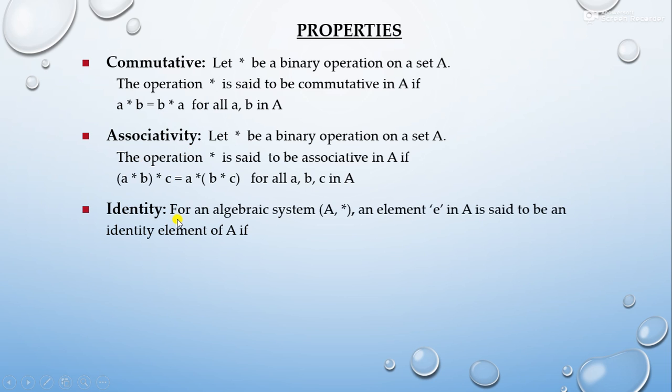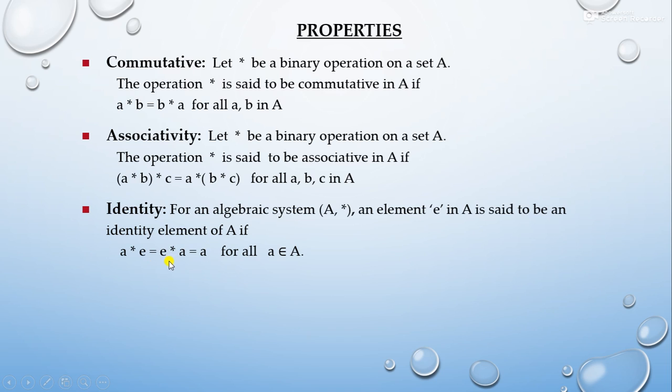Now the third one is identity. What is the identity? Suppose (A, star) represents an algebraic system. An element e in A is said to be an identity element of A if it fulfills this property, where a is any element of the set A: a star e is equal to e star a is equal to a.